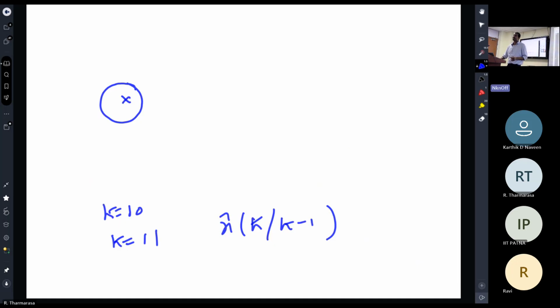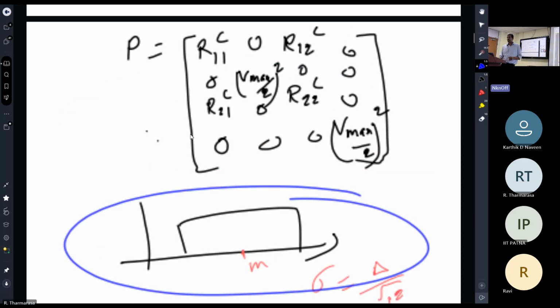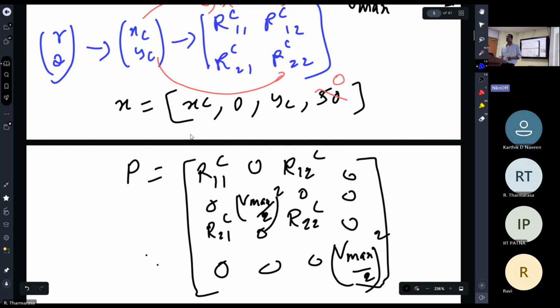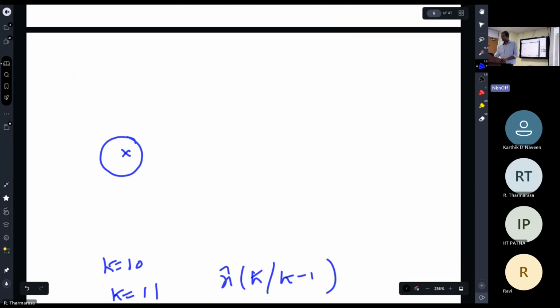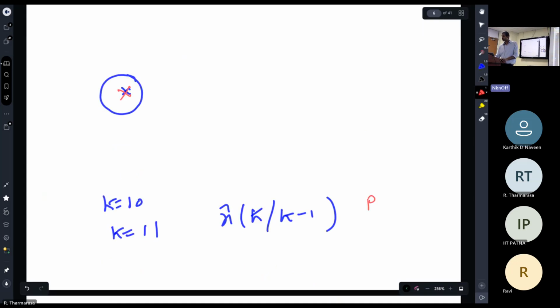Where is the predicted state going to be? Okay. If you see, this is 0, that is 0. It's going to be the same. It will not move. So it's going to be the same location. How about the covariance corresponding to that?